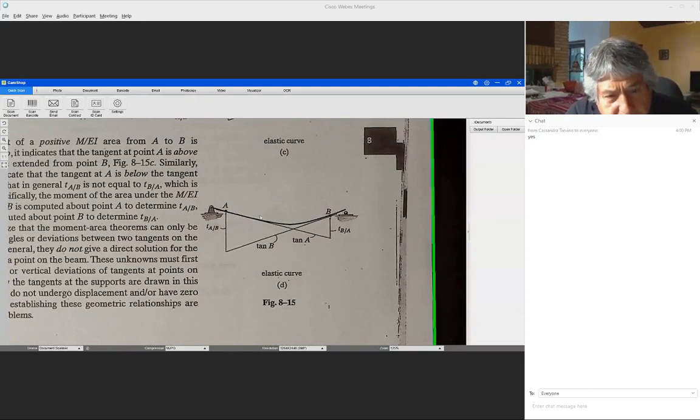This is tangent A, this is tangent B. They're talking about the distance from this tangent to the elastic curve, called T from A to B. The distance from this tangent to the elastic curve at point B is called T from B to A. And this is the tangential deviation.